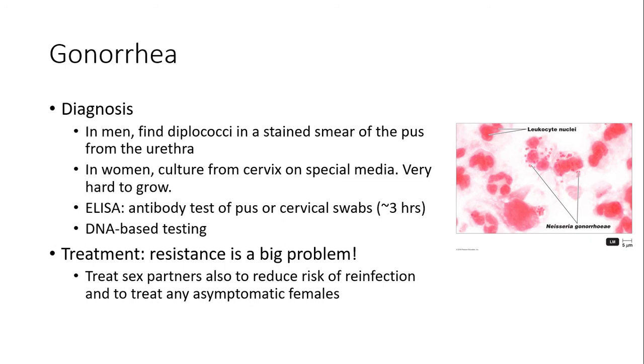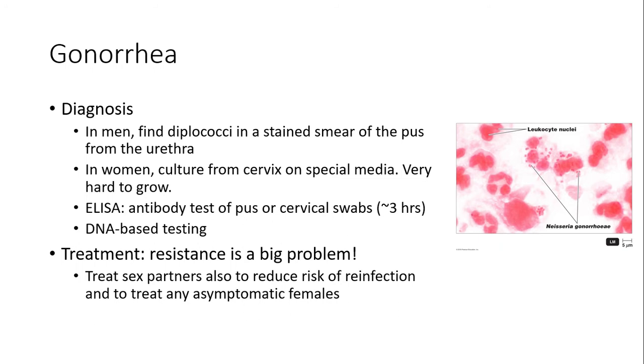So diagnosis, and men, you're going to be looking at a gram stain or a stained smear of the pus from the urethra, and you should find diplococci. So if we're looking at, these are leukocytes, so white blood cells, and you'll see, it's hard to tell here, but these are diplococci. They're two little circles right next to each other. In women, you're going to culture from the cervix on special media. This will probably be a swab that you then send to the lab, and they will grow this on a special media. It's very hard to grow.